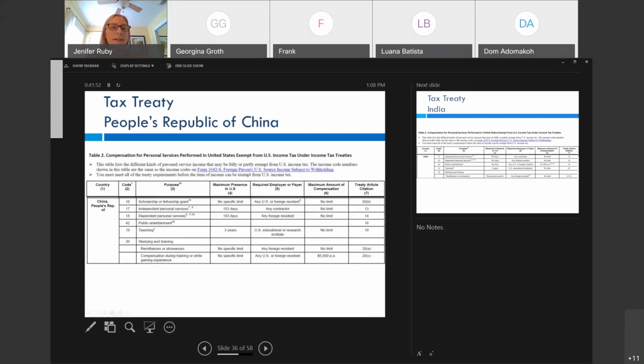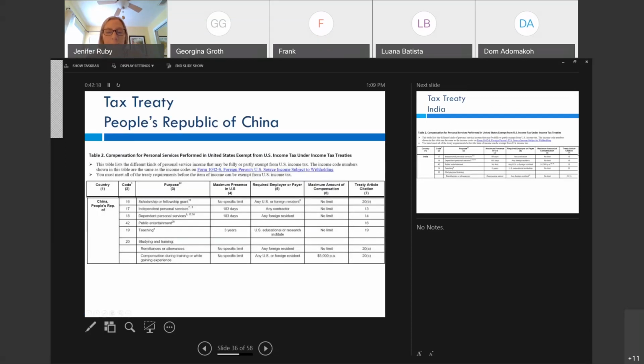So here's an example. China and the US do have a tax treaty. And you can see here the details of what is excluded. The last line of that particular section references compensation, which is earnings.